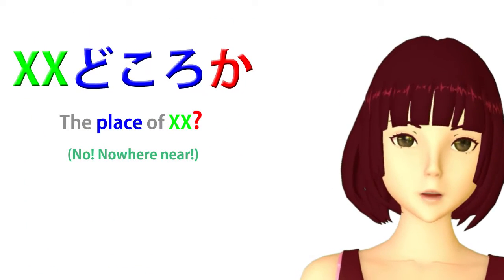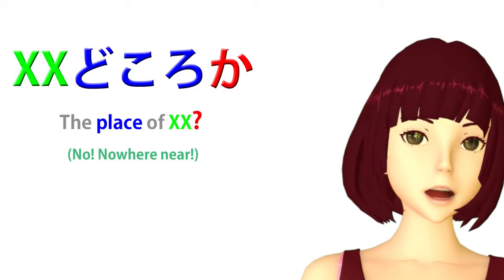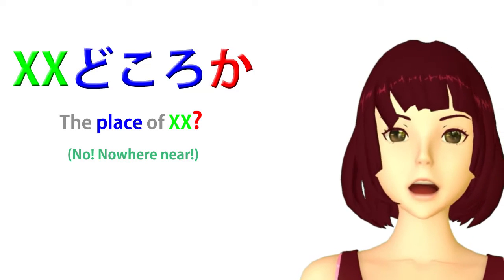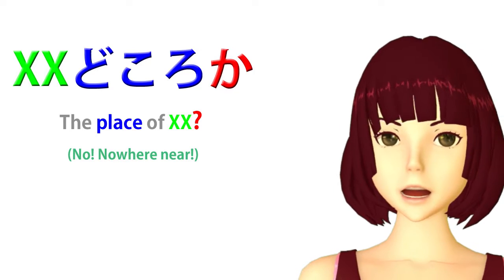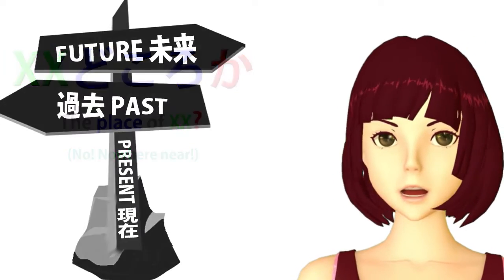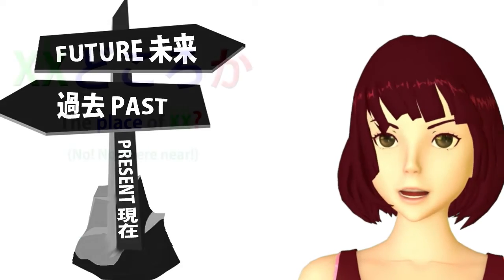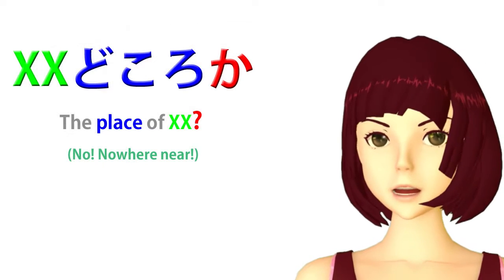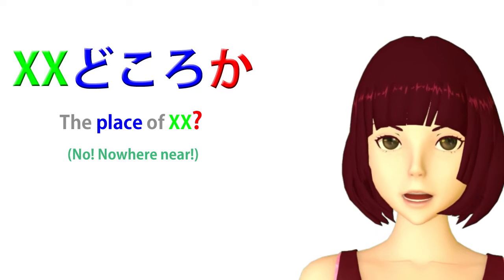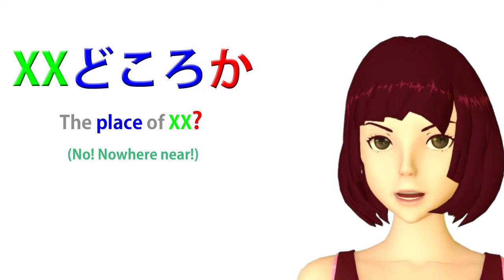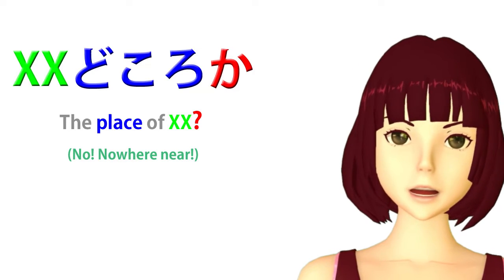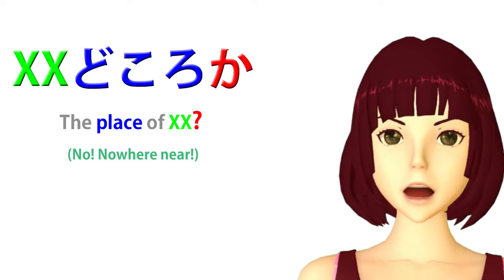Another place where we often see ka as a negativizing question marker is in dokoroka. Now, dokoro is a form of tokoro, which we talked about in a recent lesson, didn't we? Tokoro can mean not just place in the literal sense, but a time or a circumstance or condition. When it's said as dokoro, it's usually negative.